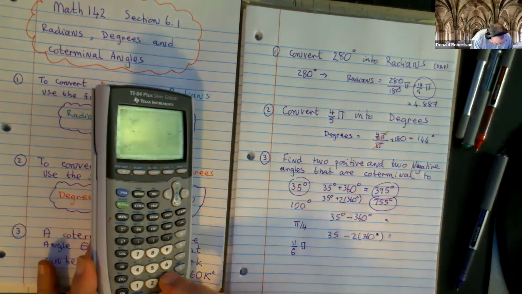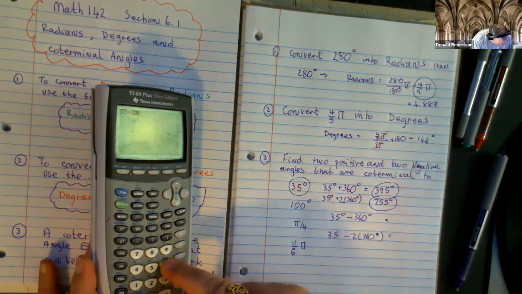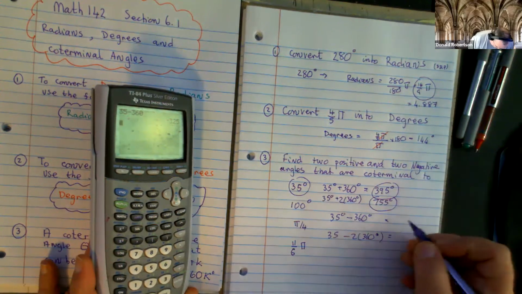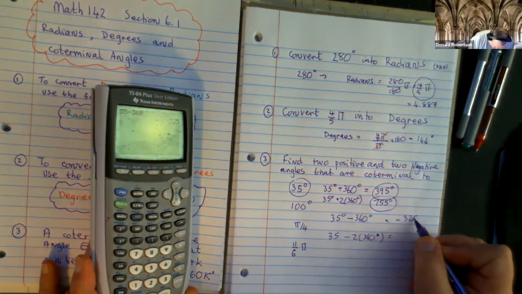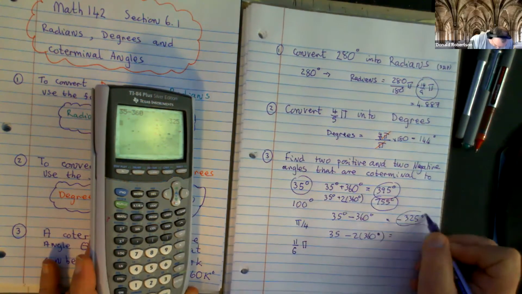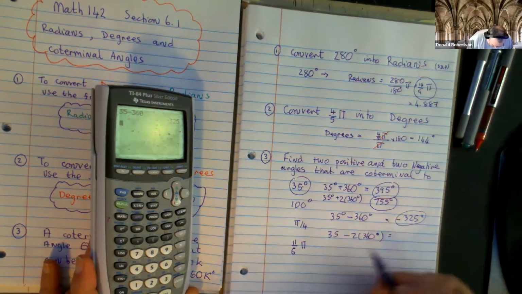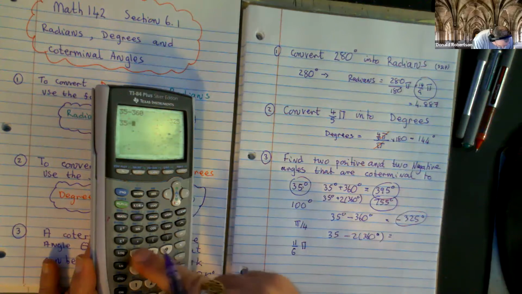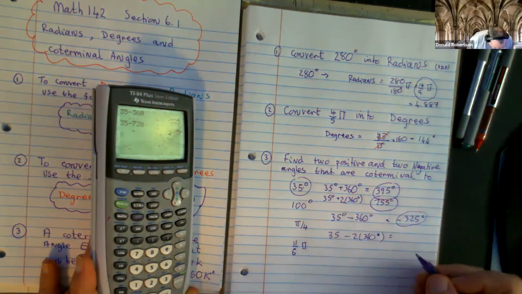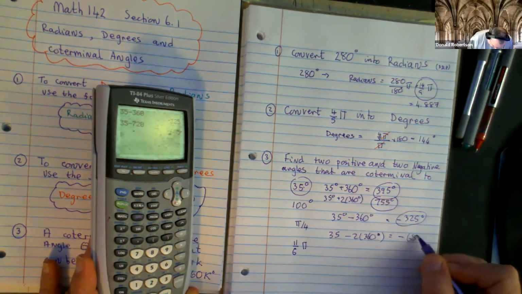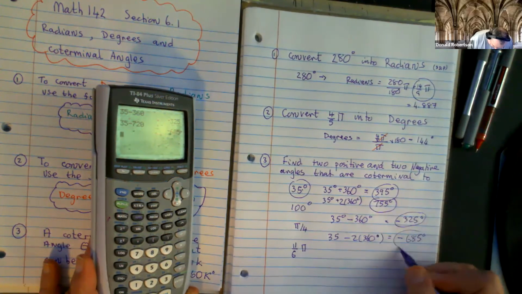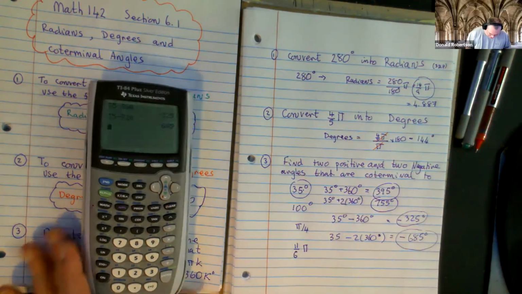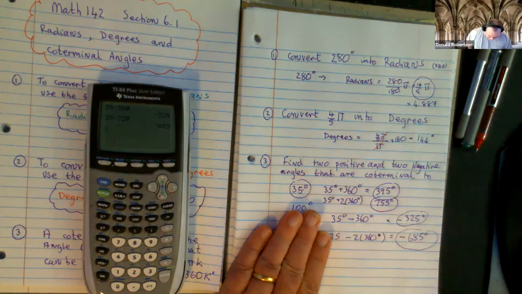So if you take 35 degrees and subtract 360, you get negative 325 degrees. That's coterminal to 35. And the next one is 35 take away 720, and the answer is negative 685 degrees.